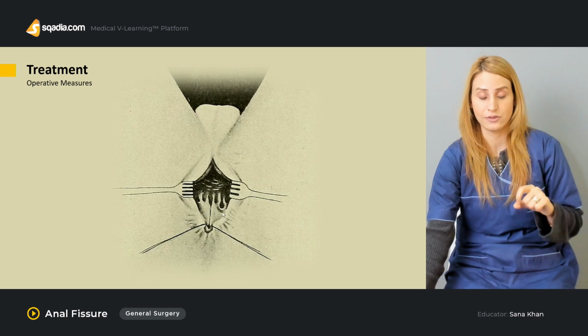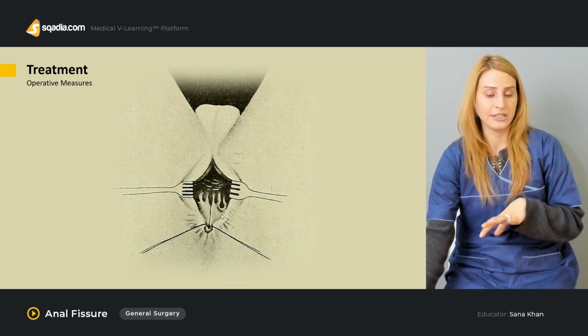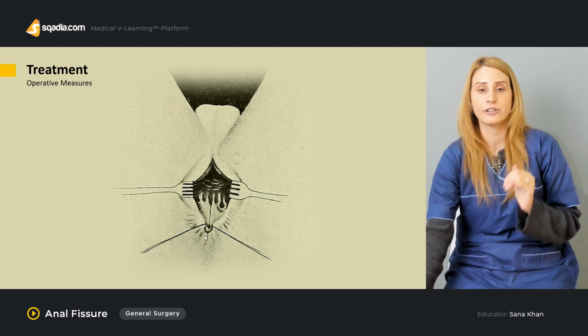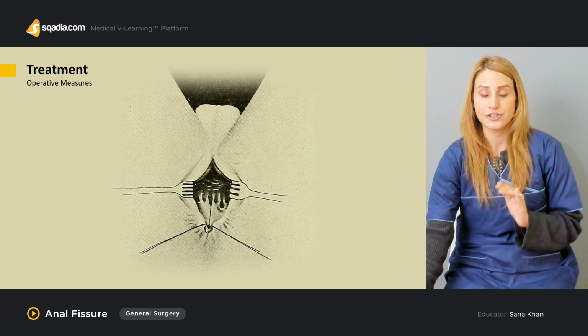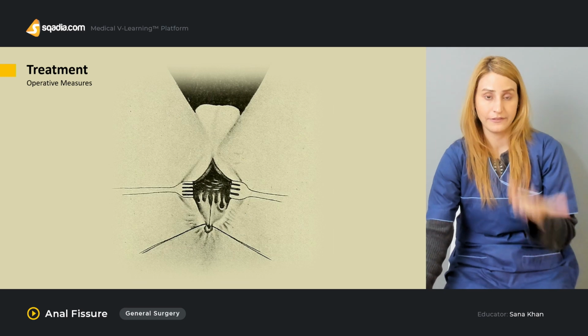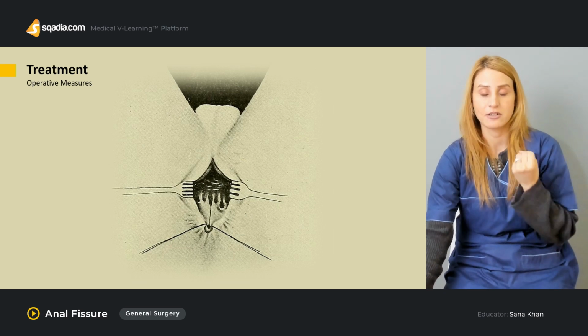Maybe it's here or here. You need to divide it on either side, but it should be away from the fissure. It should not include or incorporate the fissure. That's the basic rule when performing a lateral internal sphincterotomy.